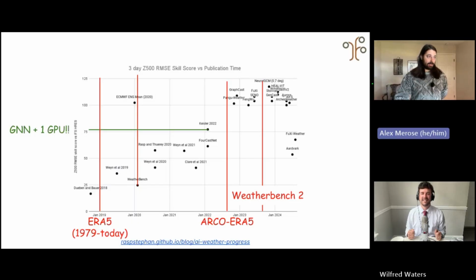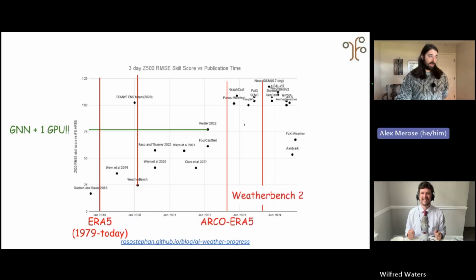And I want to mention, you can see just looking at the coarse view of this chart, the red lines are all data releases and the green lines are models. And I'll talk about a few more models in a second. But as the data becomes more available, you see much more participation in people publishing models. It's also a significant part of people's ability to iterate, and therefore I think the quality of the models that are produced.